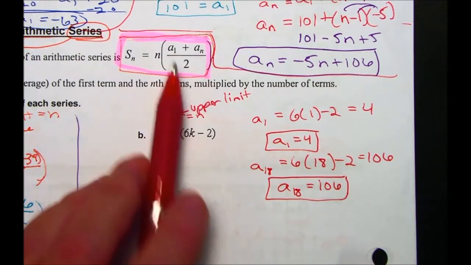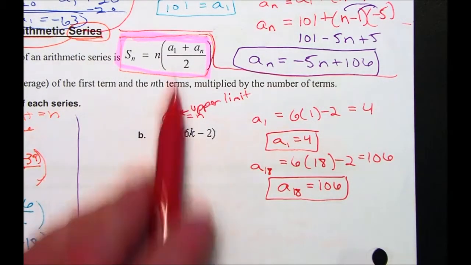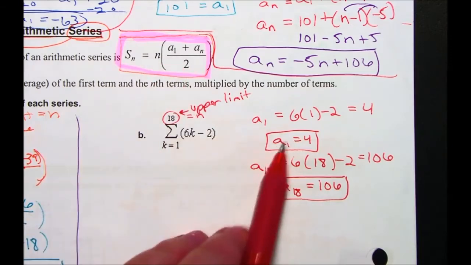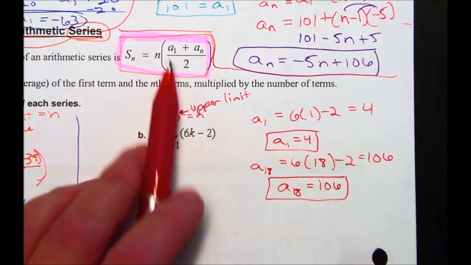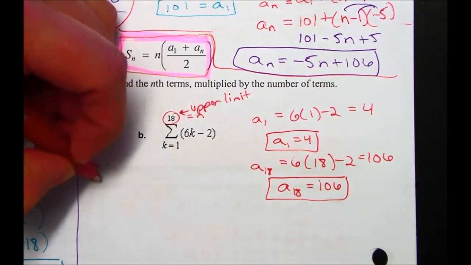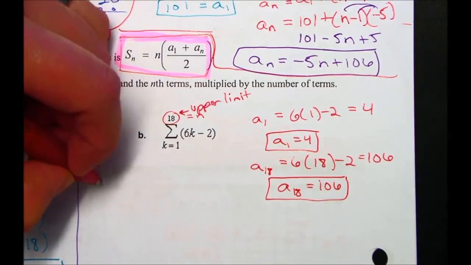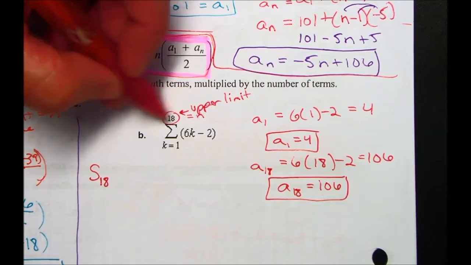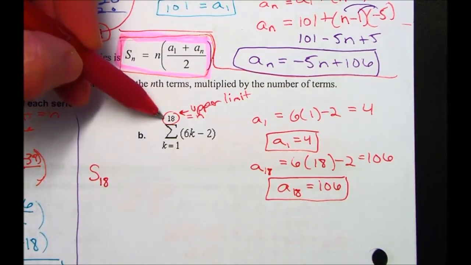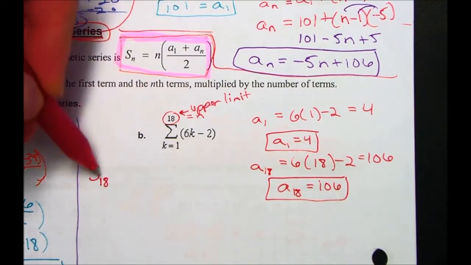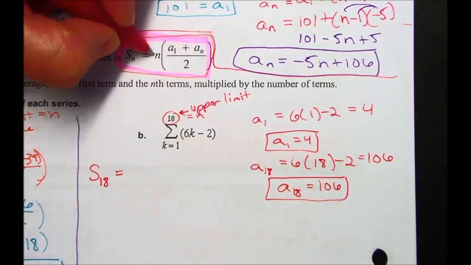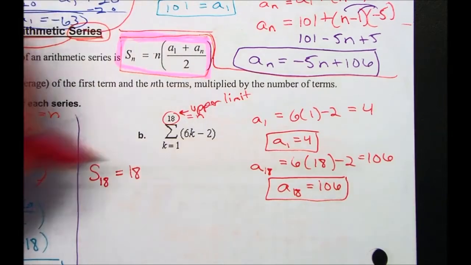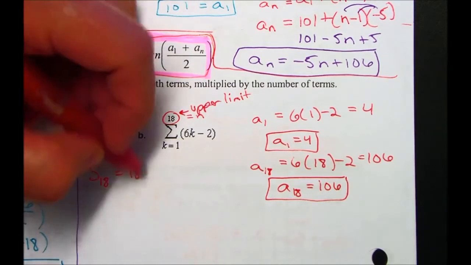Now that we know n is 18, our first term in our sequence is 4, and the last term is 106, we can find our sum. So the sum of the first 18 terms, so again this can't be infinity, is equal to 18. Again, we're plugging 18 in for n.